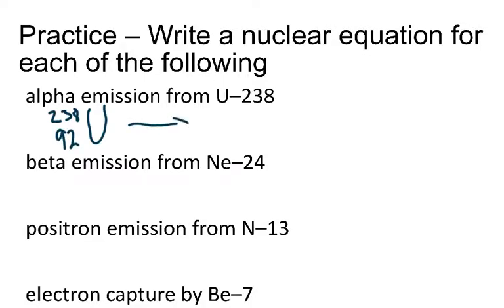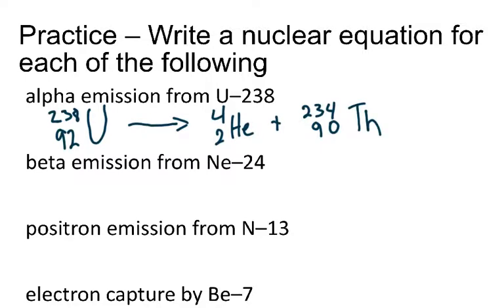And we are emitting an alpha particle, which is a 4-2 helium nucleus. Then 238 minus 4 is 234. And 92 minus 2 is 90. And element number 90 is thorium.